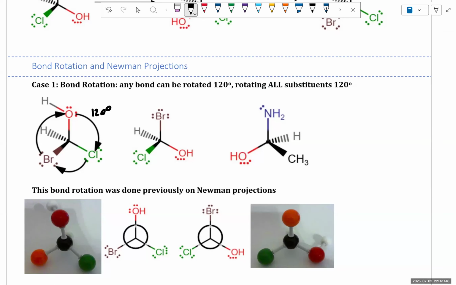Let's take a look at another example. This time we have an amine, an alcohol, and a methyl group. Let's make a model of this compound. And let's rotate our carbon-carbon bond 120 degrees.